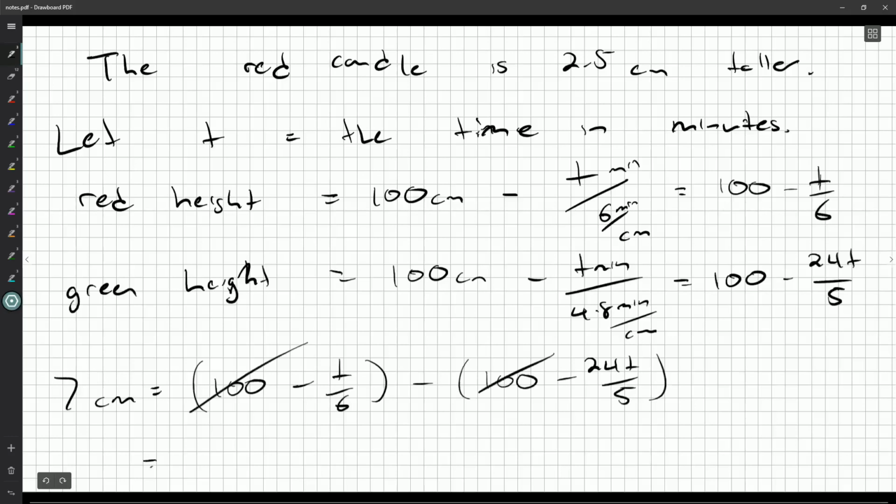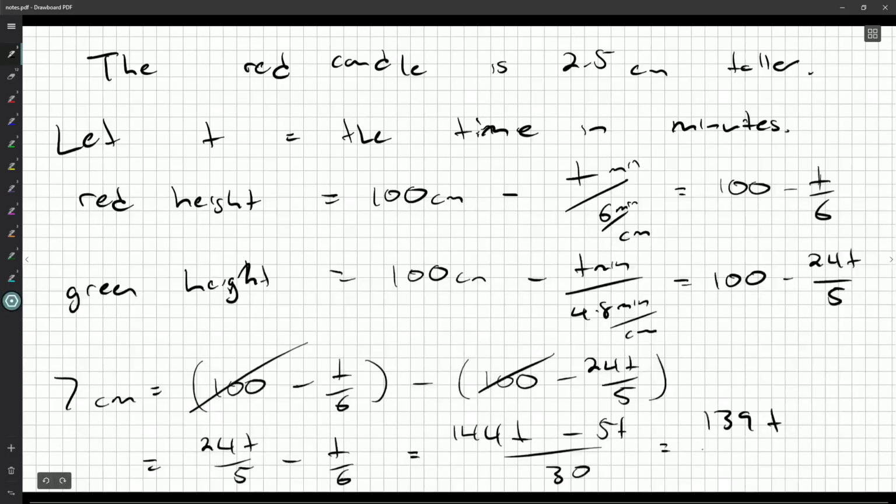The hundreds will cancel out. 24T by 5 minus T by 6. Get a common denominator, so multiply top and bottom by 6 for the first one. So we'll get 144T minus 5T all over 30. So that'll be 139T over 30, multiplied by 30 on both sides, 210 centimeters is 139T, T is 210 over 139.